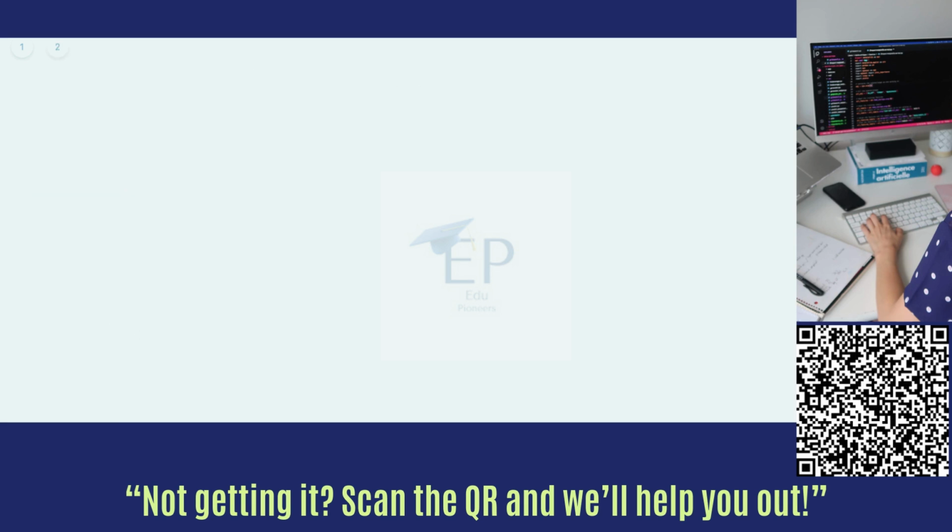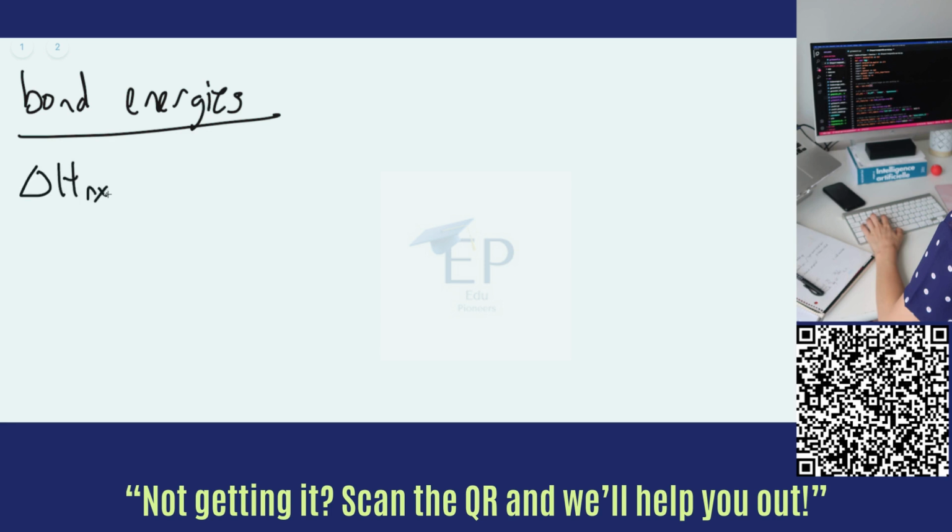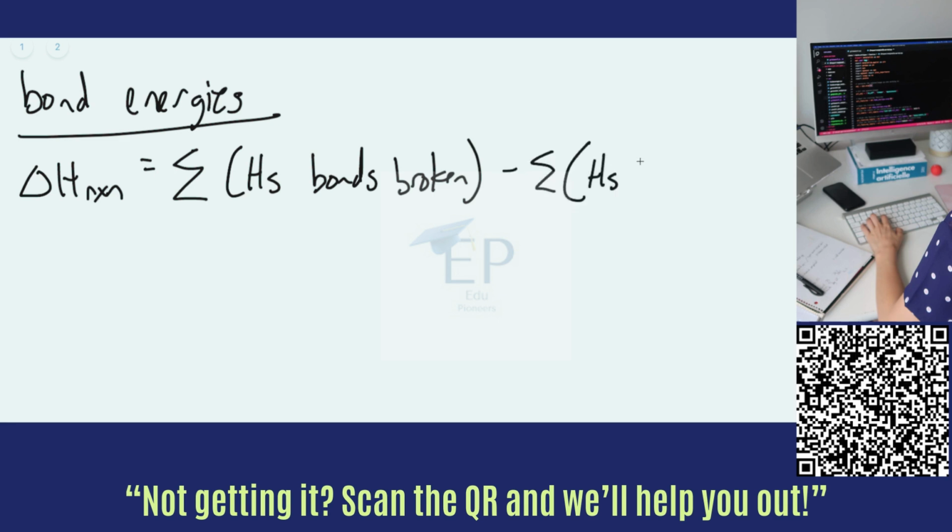And so the first thing we'll do is with bond energies or enthalpies. The way we do this is that delta H of reaction is equal to the sum of the H's of bonds broken minus the sum of the H's of bonds formed.